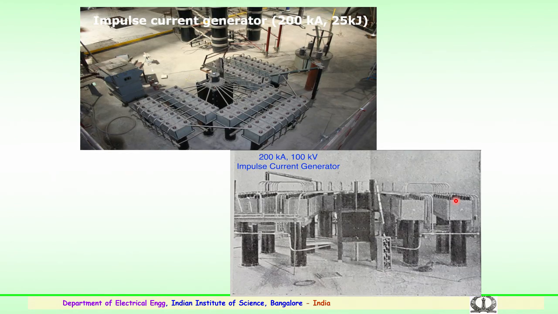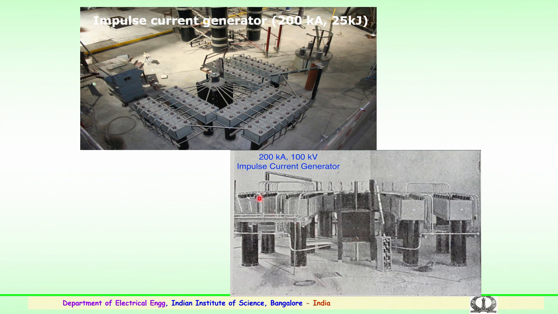This shows the number of capacitors available at the laboratory. We have a U type of arrangement to reduce the inductance, basically to generate very high currents. You have 48 capacitors kept in parallel, and all these capacitors are discharged in parallel through a three electrode gap mechanism, and the test object is placed here.